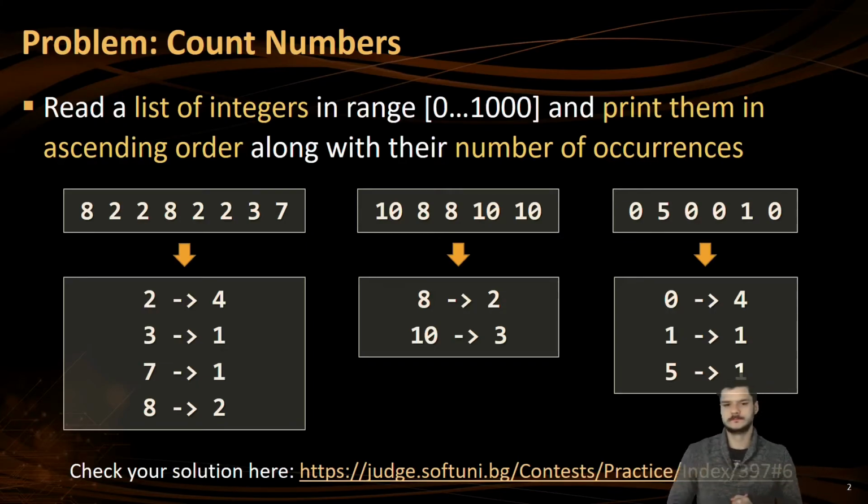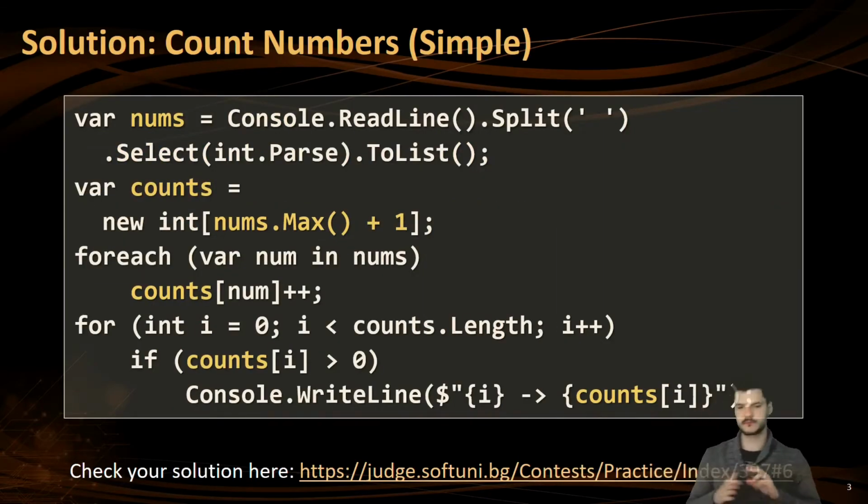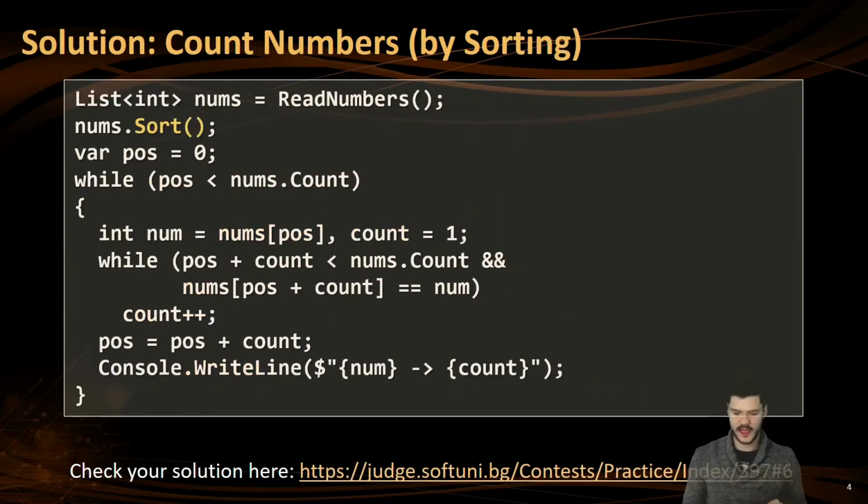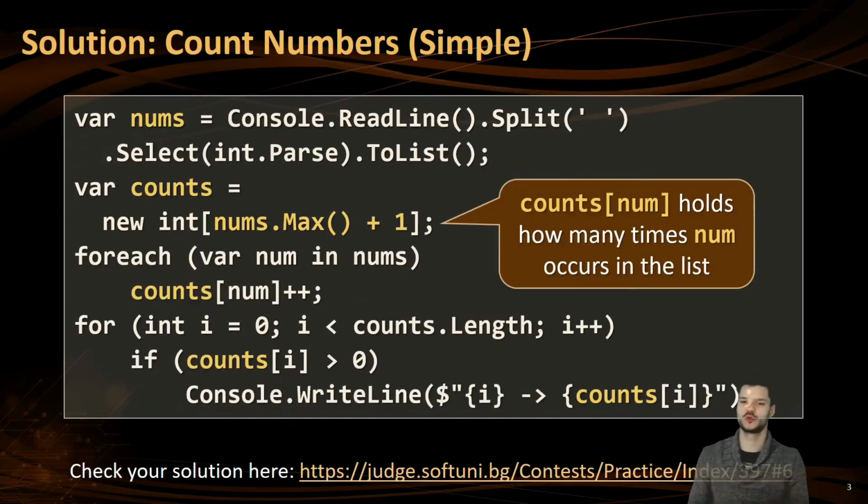We have two different solutions. Let's see the first, the simple one, and we're going to do it ourselves, but we also have another solution by sorting numbers. I'm just going to show it to you.